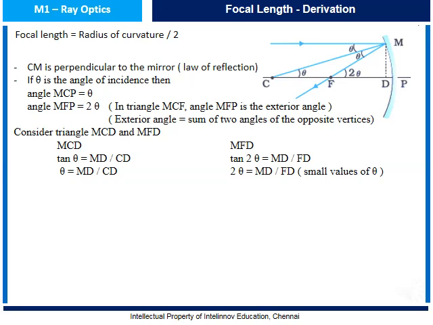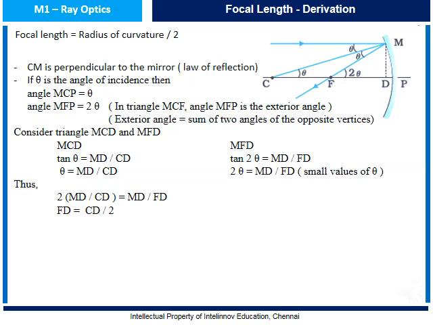From the result of theta equal to MD by CD, we can write 2 theta equal to 2 into MD by CD. However, we already know 2 theta equal to MD by FD from the result of triangle MFD. Thus, 2 into MD by CD equal to MD by FD or FD equal to CD by 2.